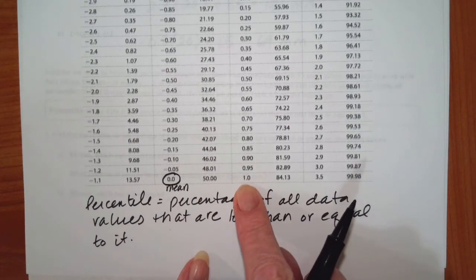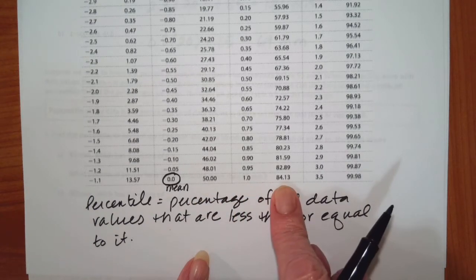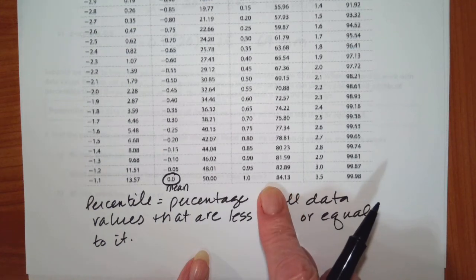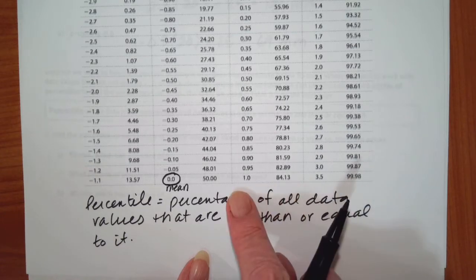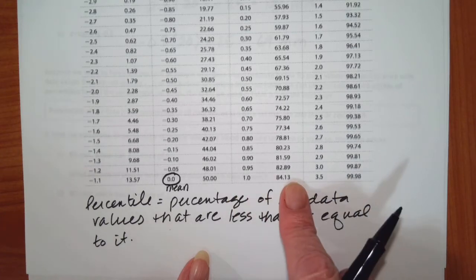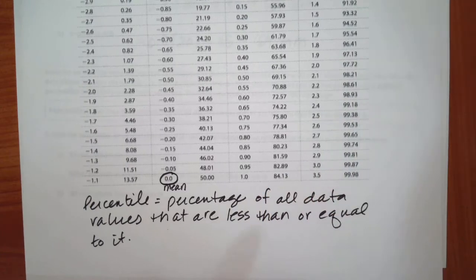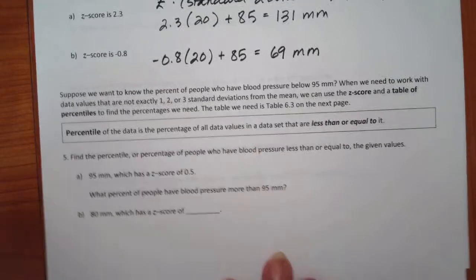If your z-score is 1, 84.13% are below 1 standard deviation, and then you can find the amount that are above that by subtracting from 100. So let's just do some examples and see how to use this chart.